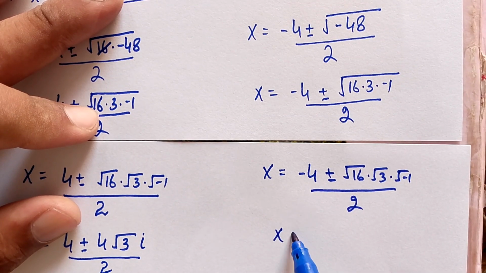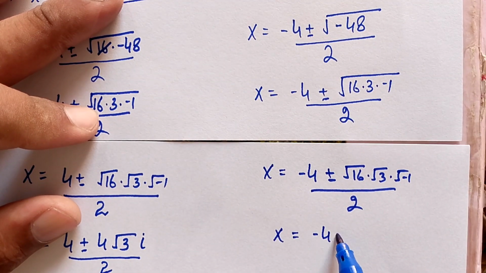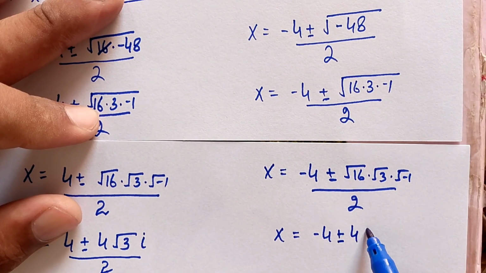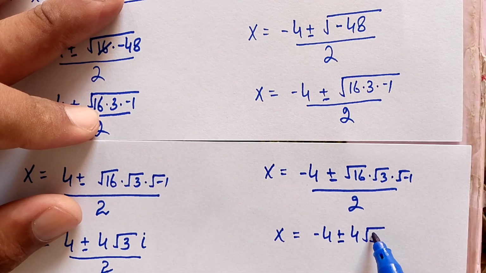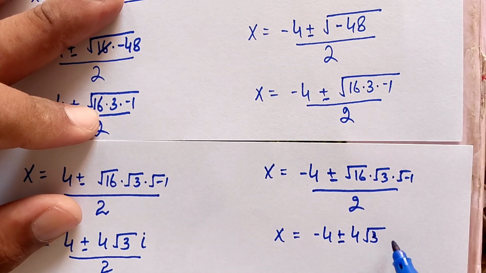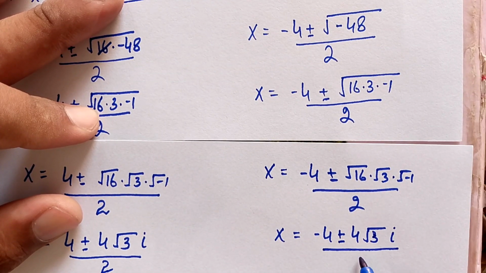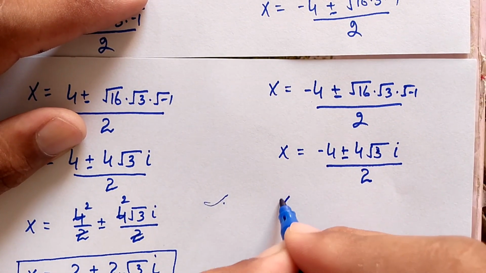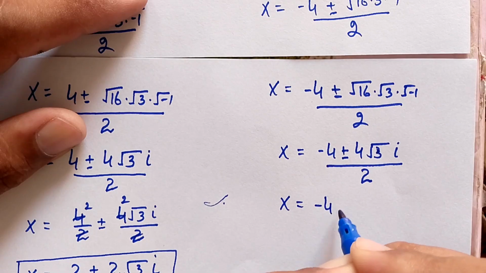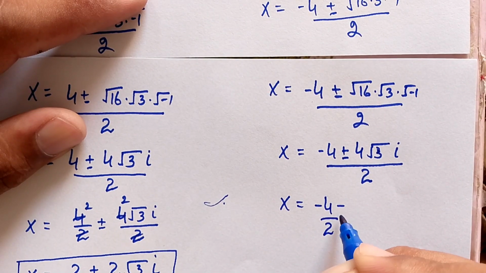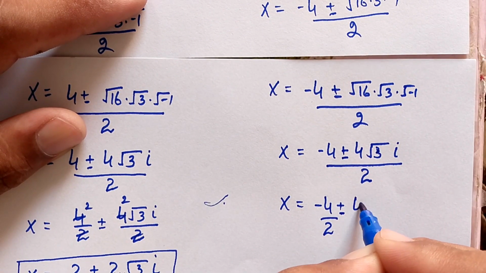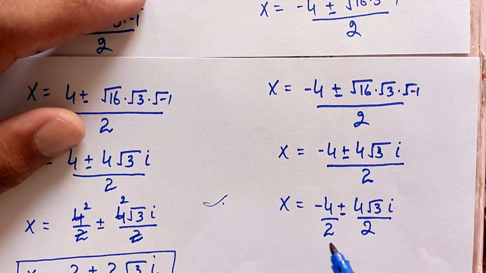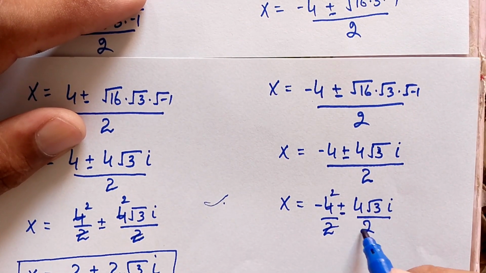x is equal to minus 4 plus minus, here square root of 16 is equal to 4 and times square root of 3, and here square root of minus 1 is equal to i, divided by 2. x is equal to minus 4 divided by 2 plus minus 4 times square root of 3i divided by 2. 4 divided by 2 is equal to 2 and 4 divided by 2 is equal to 2.